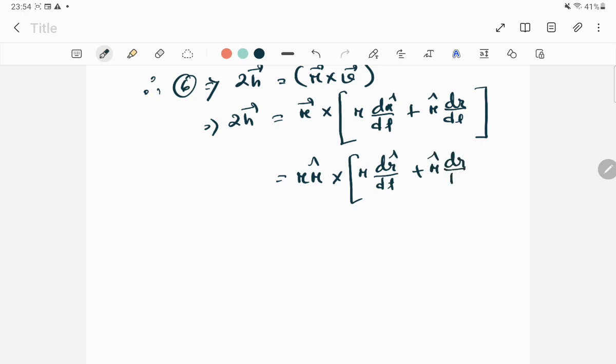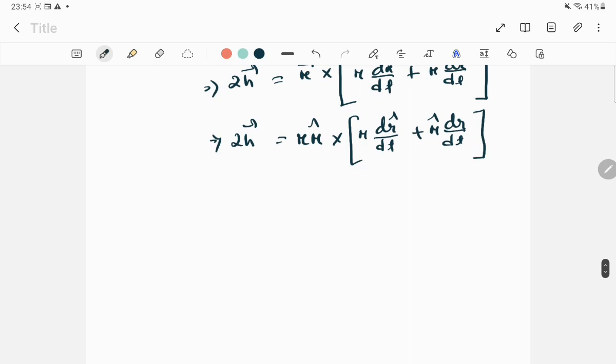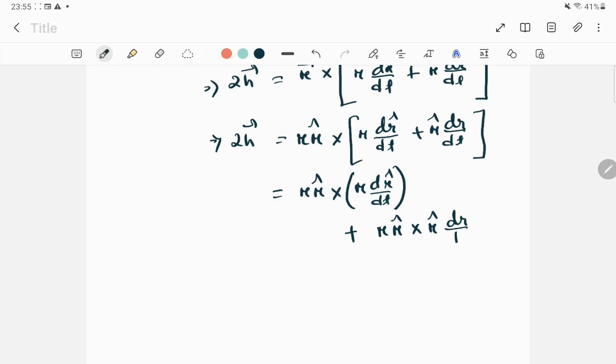I would suggest everyone take pen and paper and practice along with me. Now I will remove the bracket. So it will be r r cap cross r dr cap dt plus r r cap cross r cap dr dt.